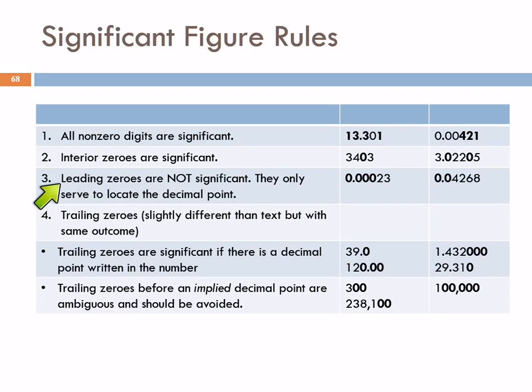Then we have leading zeros. Leading zeros lead the number. They come at the beginning of the number. They are never significant. The only reason we write zeros at the beginning of a number is to hold the decimal place.